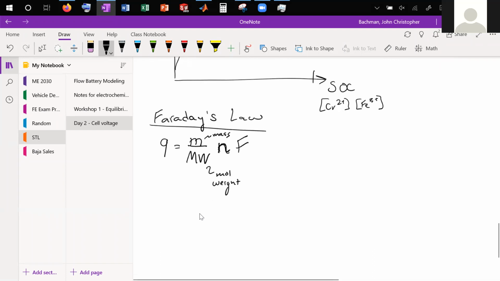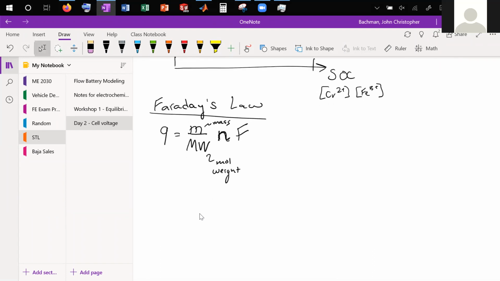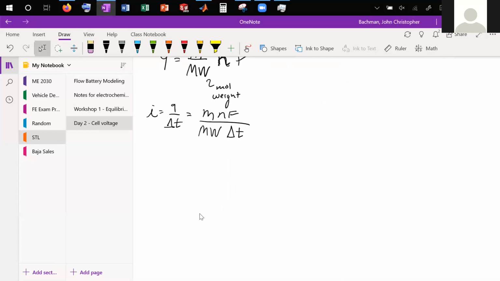And sometimes, if I is the current, the amount of charge per time, you'll see this written as mass times n F over molecular weight times change in time. For this cell, we don't need to worry about weight so much, but we can say that Q is equal to the number of moles that we have times n times F in our system.